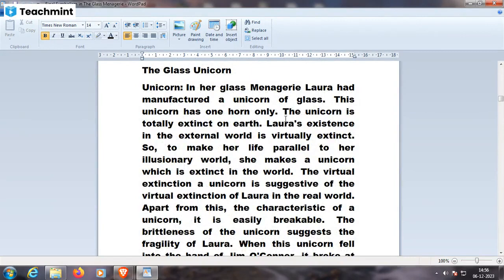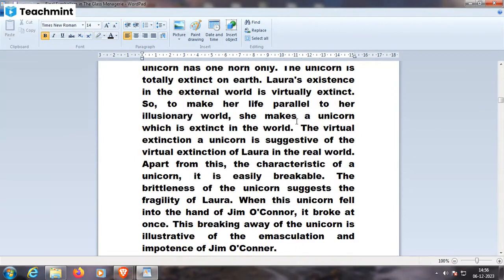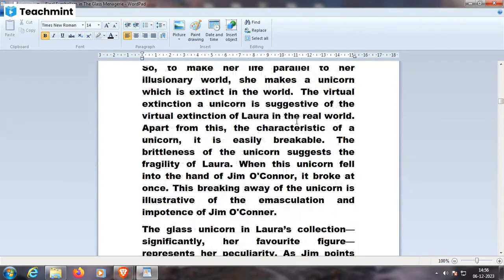So apart from this, the characteristics of a unicorn: it is easily breakable because it is of glass. So the brittleness of the unicorn suggests the fragility, the weakness of Laura. So when this unicorn fell into the hand of Jim O'Connor, it broke at once. This breaking away of the unicorn is illustrative of the emasculation and impotence of Jim O'Connor.